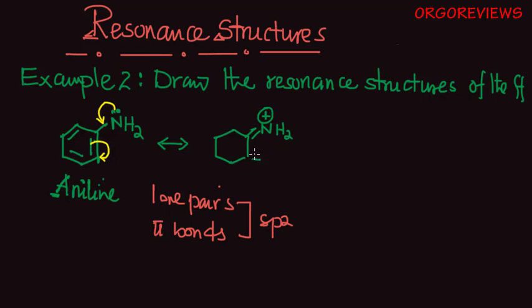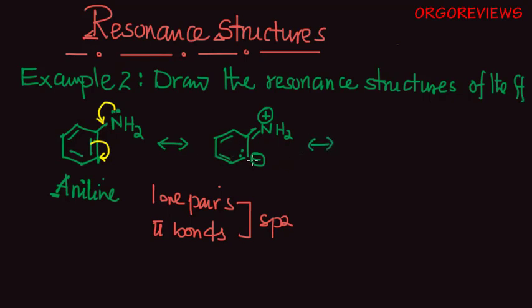Now this carbon will have a negative charge with 2 lone pairs of electrons, and all the other pi bonds will stay as they are. The net charge on this resonance contributor should be the same as the net charge of the original structure. So if you add plus and minus, that gives us 0, which is the net charge of aniline as we started with. Now let's move on to the next resonance structure.